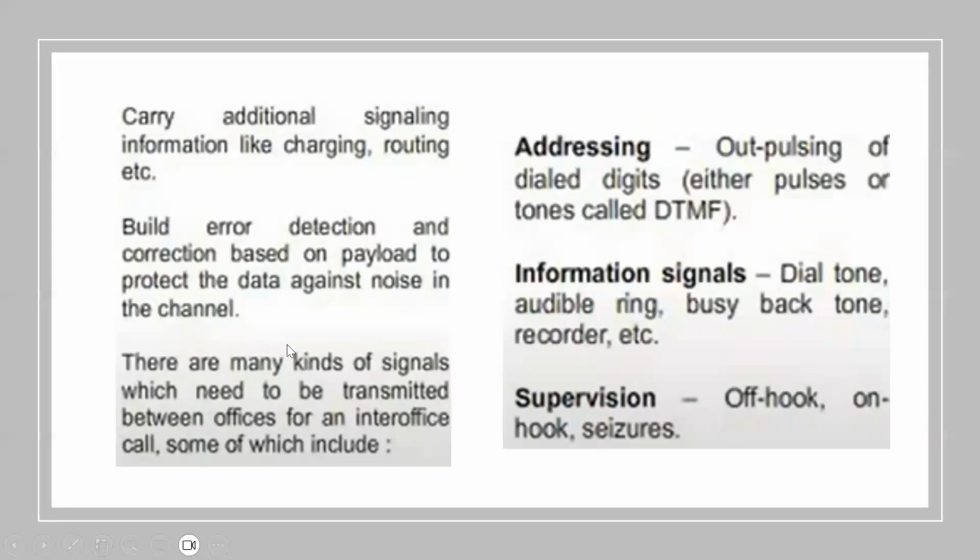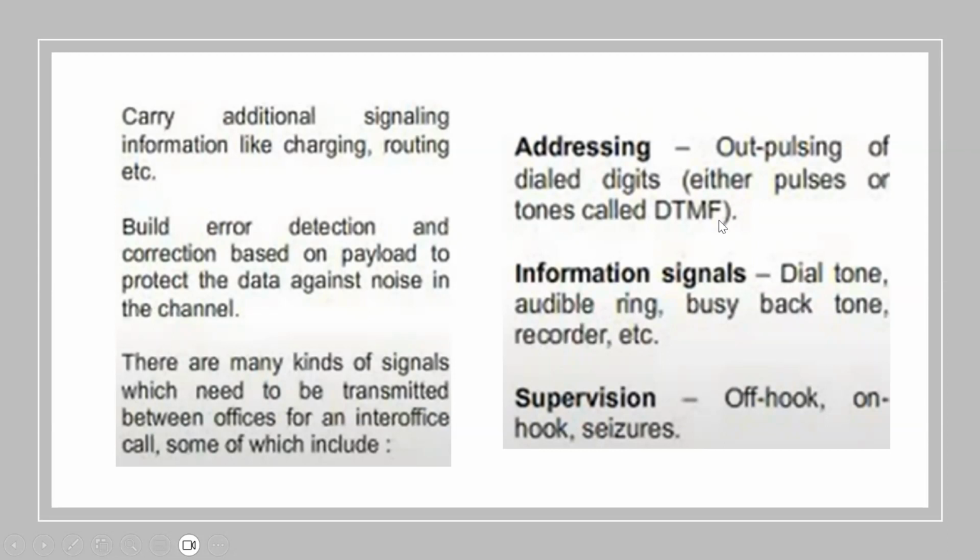Now let's go to the next point. There are many kinds of signals which need to be transmitted between offices for an inter-office call, some of which include addressing. In case of addressing, there is outpulsing of dialed digits, either pulses or tones called DTMF.